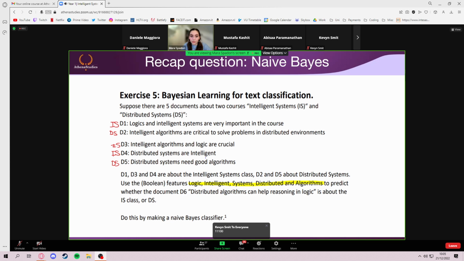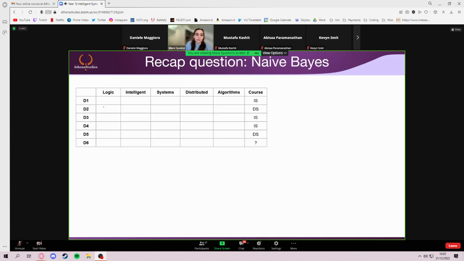Yes, because we have logic, we have intelligent, and we have systems, and the other 2 are 0. So indeed, I don't remember if I did this with true or false or ones or zeros. It doesn't really matter. Oh, here it says true or false. Okay, maybe that's a bit easier to understand. So let's do that one.